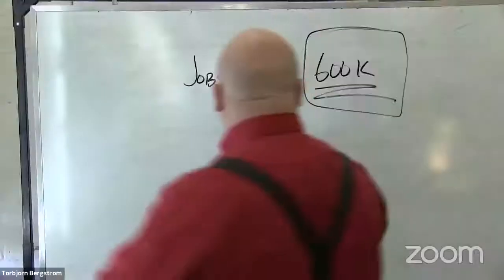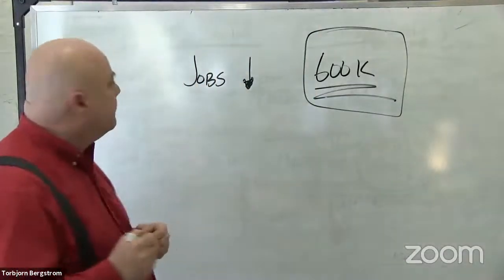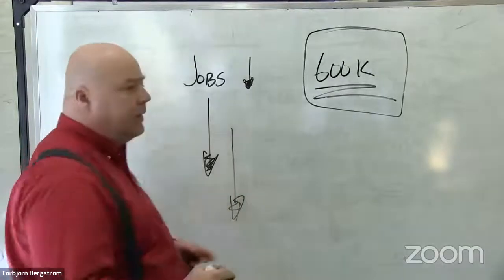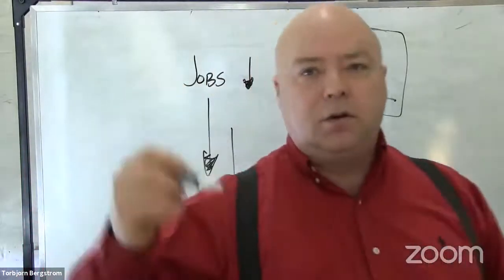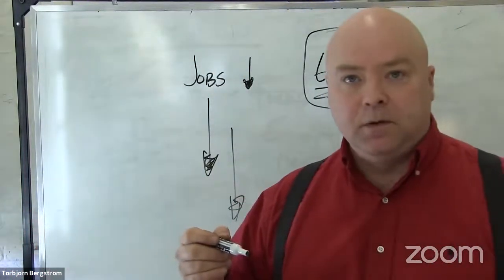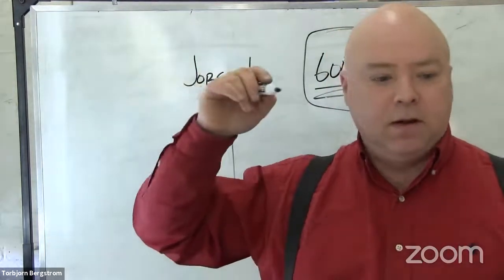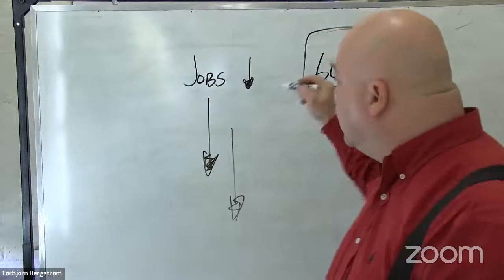They're going to go under. Those companies are going to go away. What's that going to do to the jobs? That's going to decrease jobs. Make jobs go down and down and down. If we don't do automation, then we're going to lose even more jobs than we will lose from doing the automation.